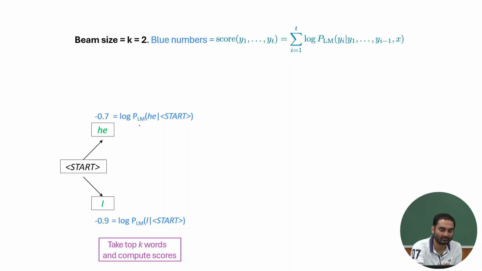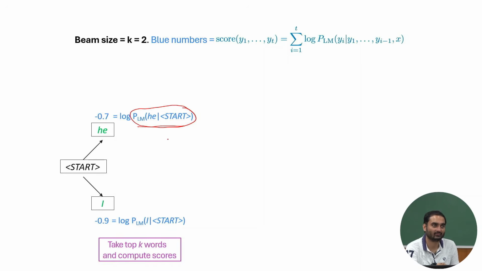And what is this log probability? How do we get it? We get the probability from the distribution, because we have this linear layer and then softmax. We take the log probability. Log probability means we sum all the log probabilities, which is the same as multiplying all the probabilities.